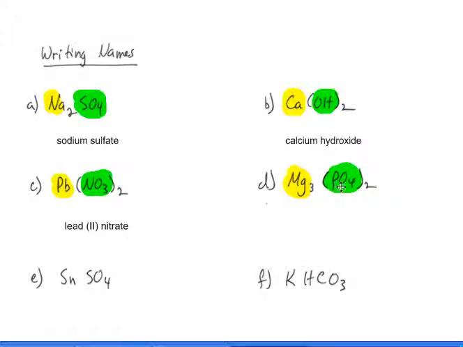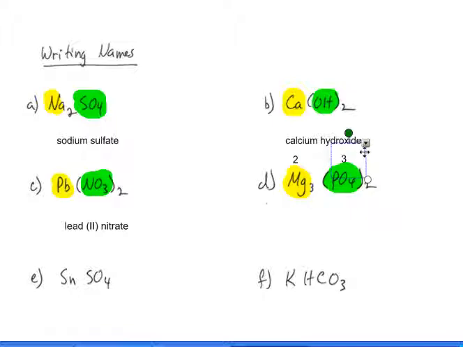Now, if we look back in the chart, we'll see that magnesium is 2 positive. The phosphate group is 3 negative. So to make these work out, the lowest common multiple of 3 and 2 is 6. So 3 times 2 is 6, and 2 times 3 is 6. So that's why we have those particular subscripts there. 3 magnesiums will give me 6 positives. 2 phosphates give me 6 negatives.